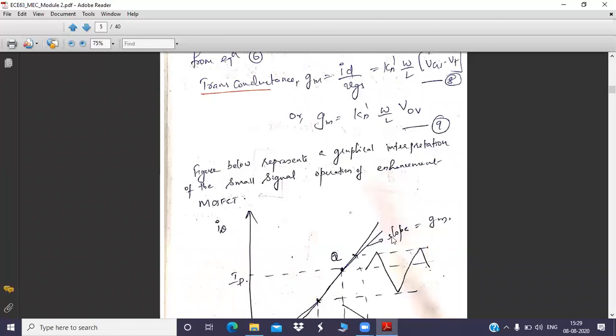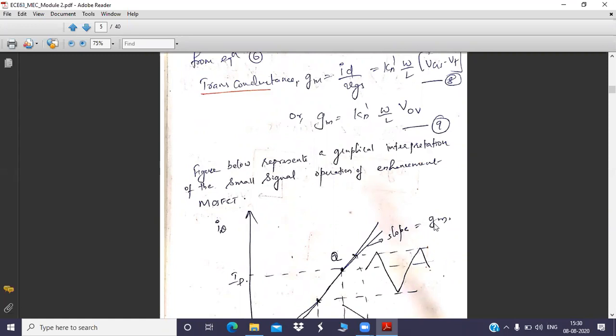That is what is shown here. So the tangent that you have drawn at this Q point, and the slope you have found, is nothing but gm. So graphically, the slope of the tangent drawn at the Q point of the transfer characteristics is equal to the transconductance.